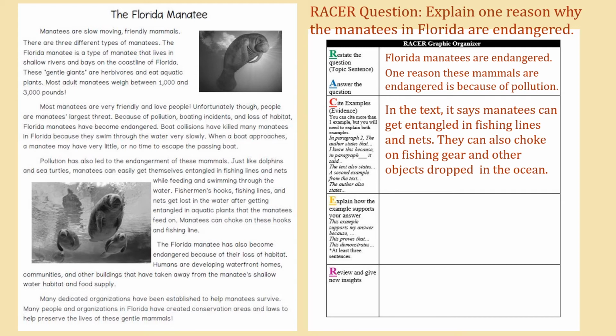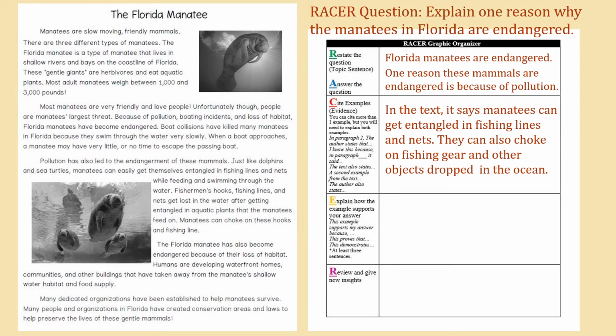Okay, in the text, it says manatees can get entangled in fishing lines and nets. They can also choke on fishing gear and other objects dropped into the ocean. So that is what I pulled from the text. That is the example that I pulled from the text, and I started that example with in the text. Now let's move on to next.